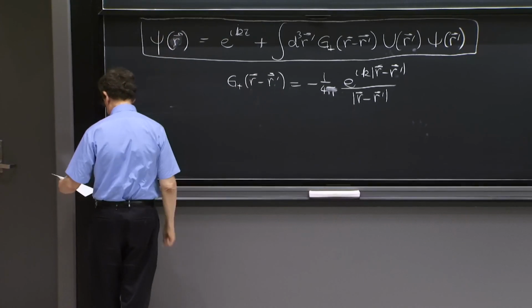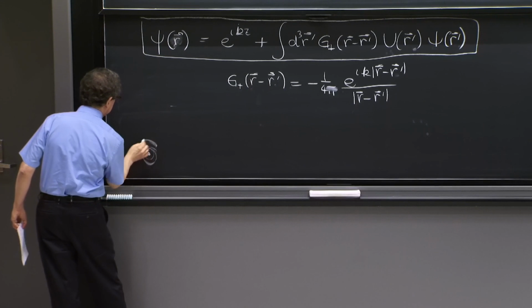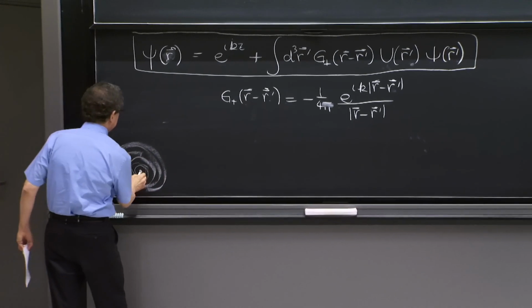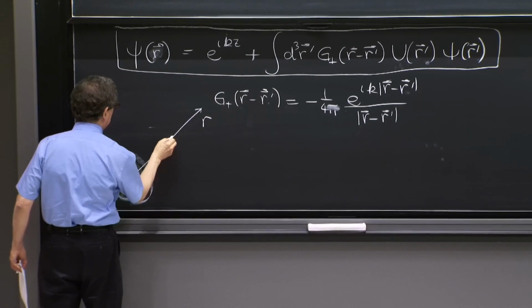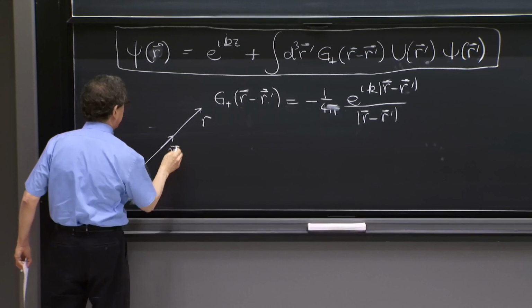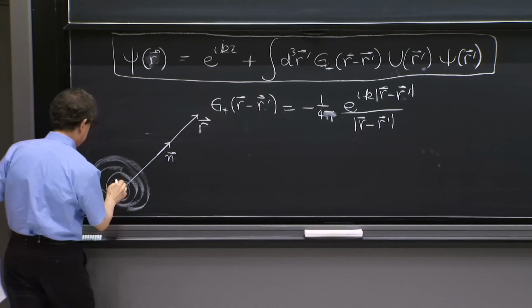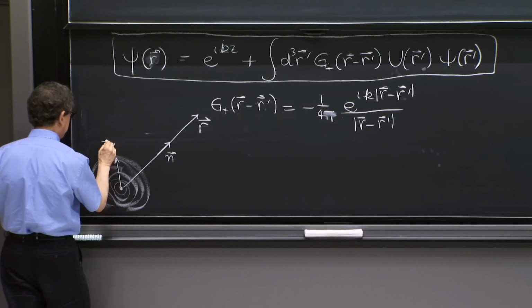This we can draw here. So assume you have a potential. And you have an observation point r. We'll call the unit vector in this direction n. This is the vector r. And an integration point is a point r prime here.